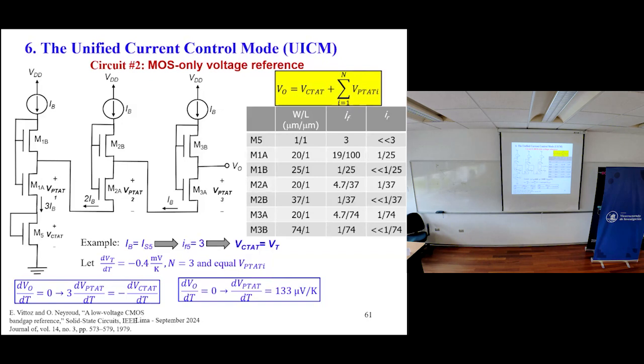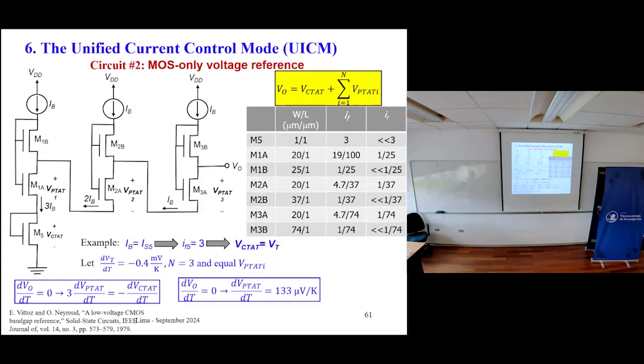Have you already studied the band gap reference? No, not yet. Maybe. I don't know if you teach this subject here. There is a course on analog electronics, maybe. Nowadays they didn't study band gap.